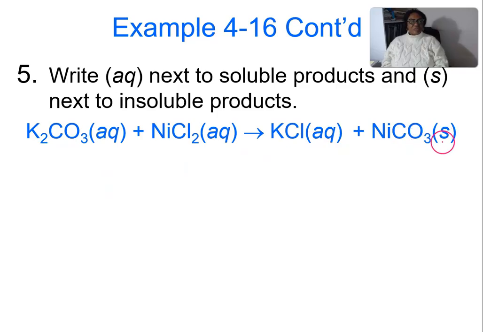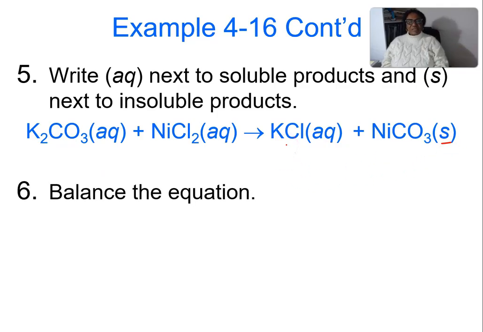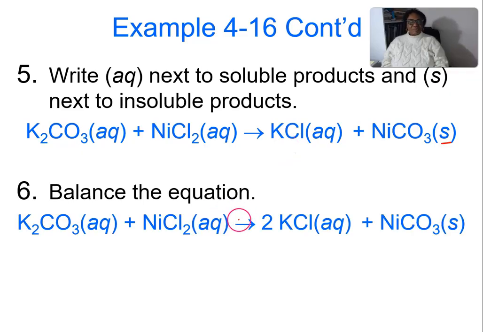So you see, we'll write this. Then we try to balance the equation. So we know that this is a precipitation reaction because after the exchange, we have a product which is insoluble.